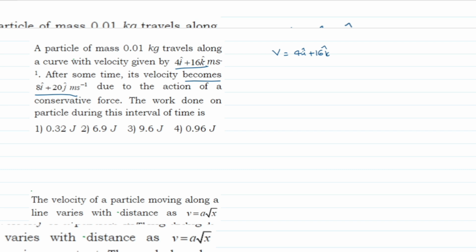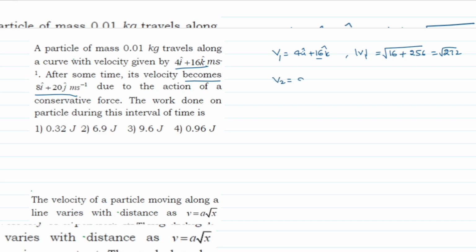Here this is the initial velocity given, and let us calculate first its magnitude. The magnitude of this velocity v1 will be equal to, 16 and 16 squared is 256, together we will be getting square root of 272. Now later it is going to change to another plane.